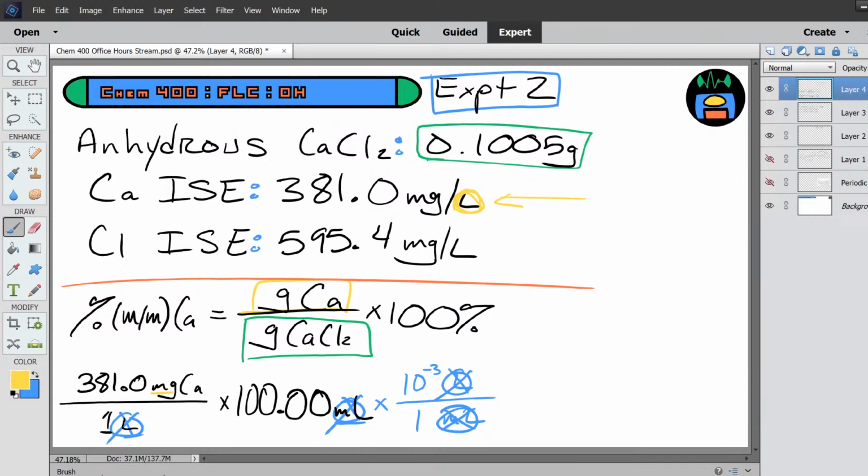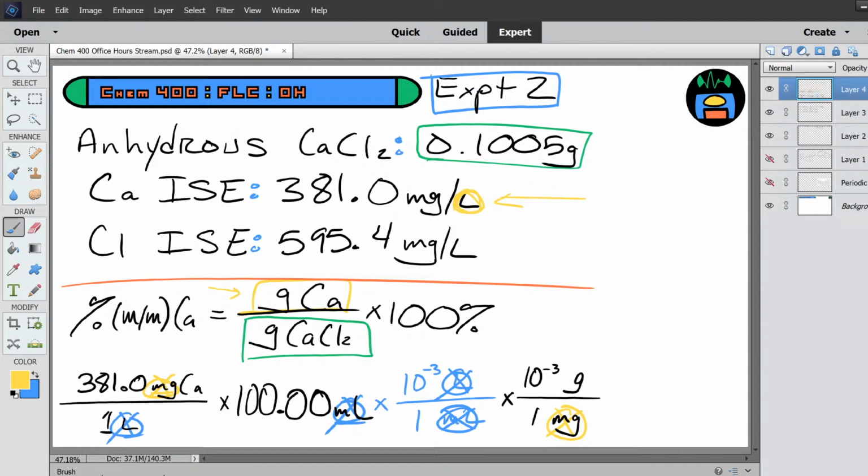Now we're close, but we need grams of calcium in our numerator. So we are going to need one more unit conversion to convert from milligrams to grams. All right. 1 milligram is 10 to the negative third grams. So milligrams here cancels milligrams here.